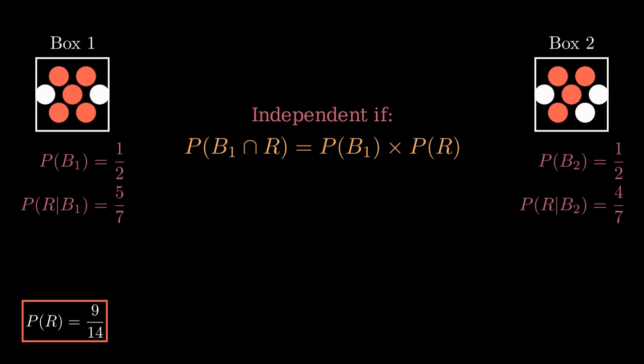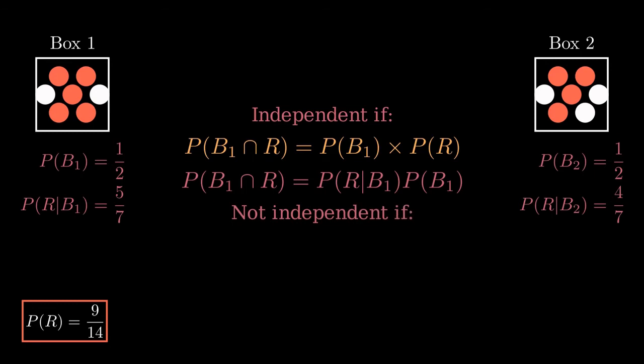Conversely, they're not independent if those two sides are not equal. So we need to get the left-hand side and the right-hand side and see if they're equal or not.